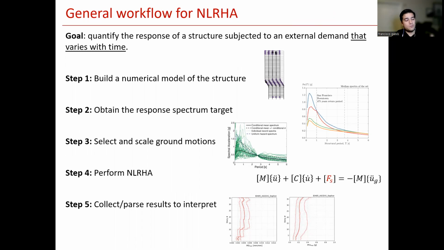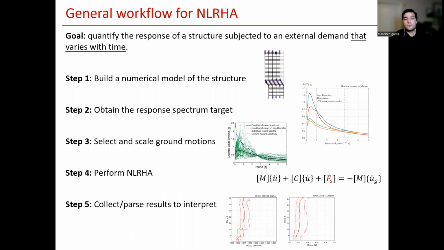Right, the first step is that you need to build a numerical model of the structure that truly represents the system, the structure you want to analyze, and includes all the possible elements that can fail and where nonlinearity can occur. Right? If you ignore some of those, then your numerical model won't really represent reality.